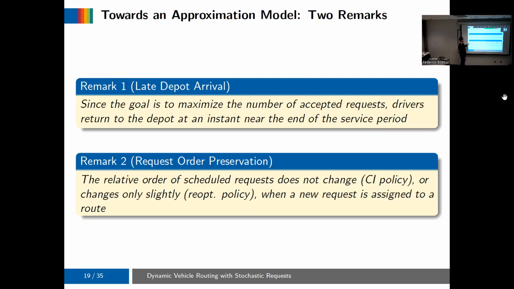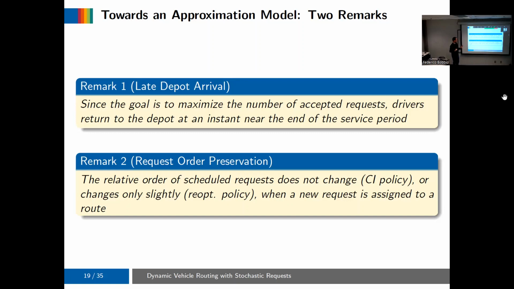The second thing is request order preservation: the relative order of scheduled requests does not change over time if you apply the cheapest insertion policy, by design. With cheapest insertion, you're just finding the place to insert the request along the route, but you're not changing the order.